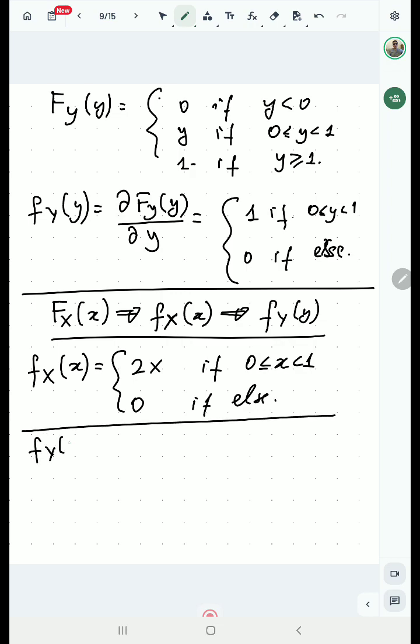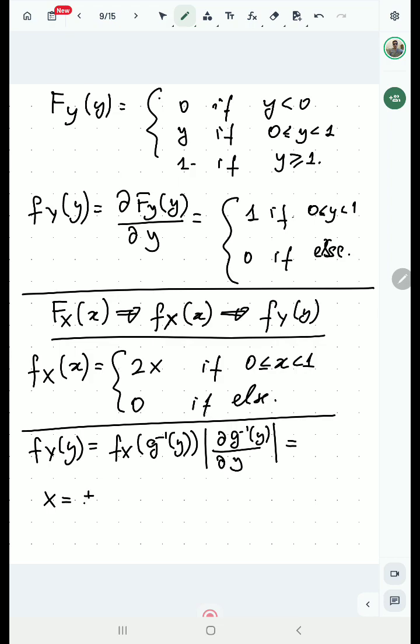We know that fy of y is equal to fx evaluated at the inverse function times the absolute value of the derivative of the inverse function with respect to y. Now let's plug in for this, guys. So we know that y is equal to x squared, right? So the inverse function here is x equal to plus minus square root of y.